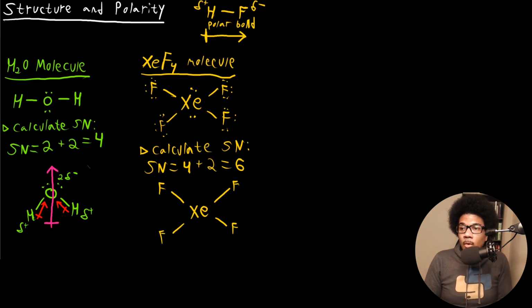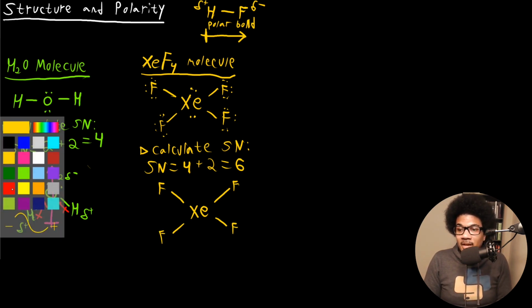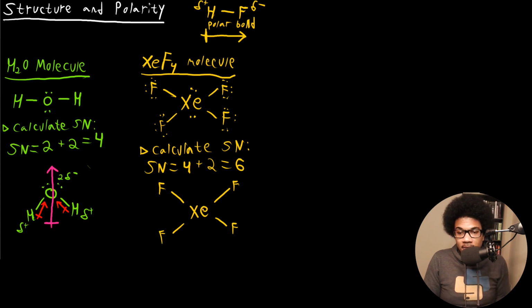Okay, so if we investigate these just on the individual bonds, we're going to have polar bonds all around. Fluorine is much more electronegative than xenon, so we're going to have a partial negative at each of these fluorines, and I'll put a partial positive here at xenon.